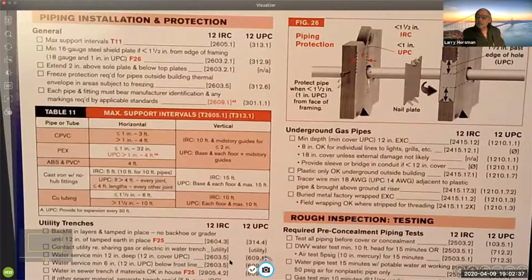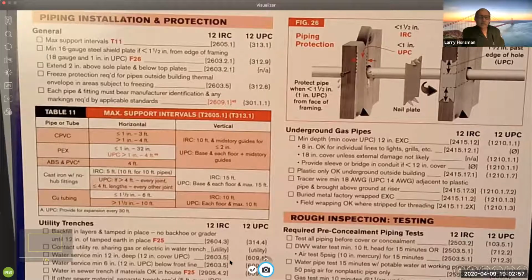So CPVC or PEX. PEX is the new flexible water piping plastic. ABS and PVC have the same requirement. Horizontally, 4 feet. Cast iron with no-hub fittings.